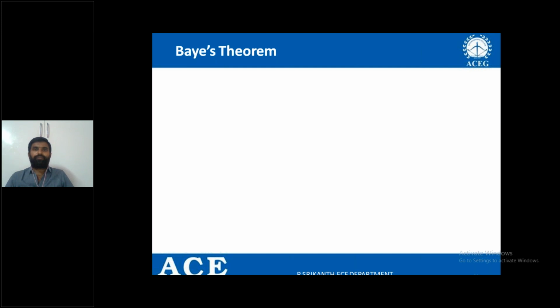After receiving, A1 doesn't know whether the signal is transmitted by B1 or B2. In that scenario, after receiving, we need to find the probability that the signal is transmitted by A1.